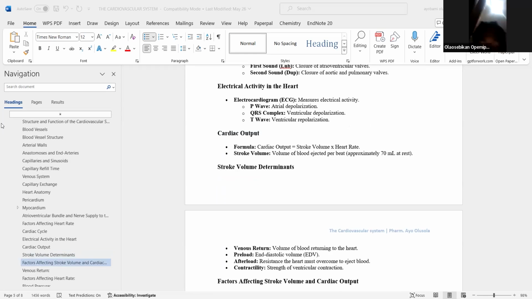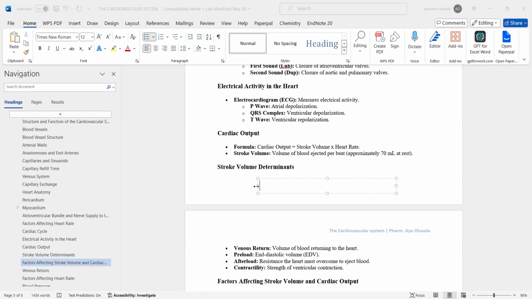The mathematical formula for blood pressure is that BP equals CO, cardiac output, times total peripheral vascular resistance. CO represents cardiac output. And what is cardiac output? Cardiac output is just the stroke volume times heart rate. We have said that the heart rate is about 70 beats per minute.